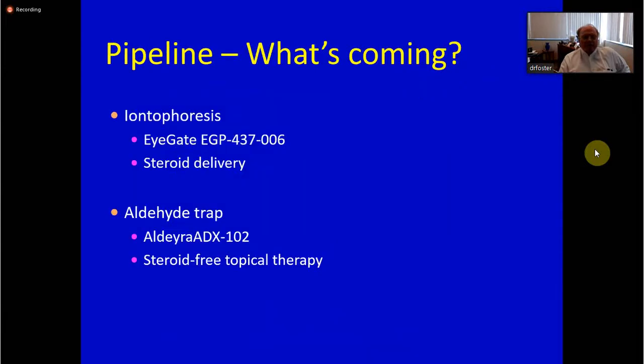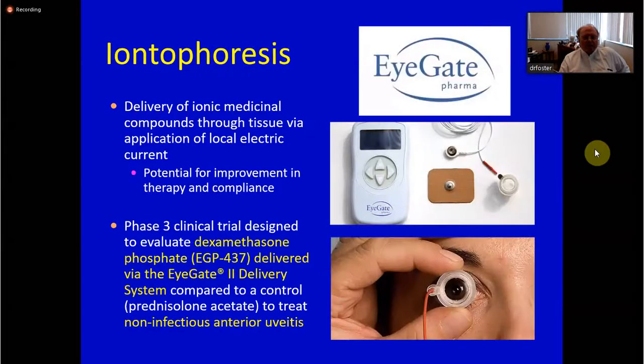There are other things that can be done. Things in the pipeline include using electricity to drive drug into the anterior chamber. Aldehyde trap is another therapy that's in trials now. The EyeGate device is seen here. It's not painful.